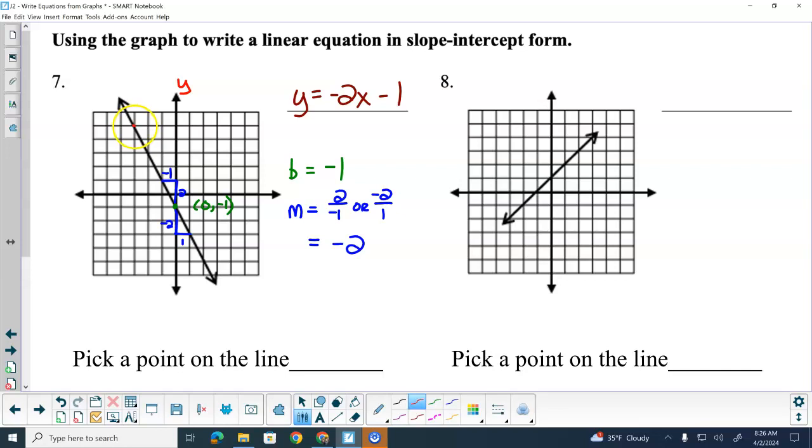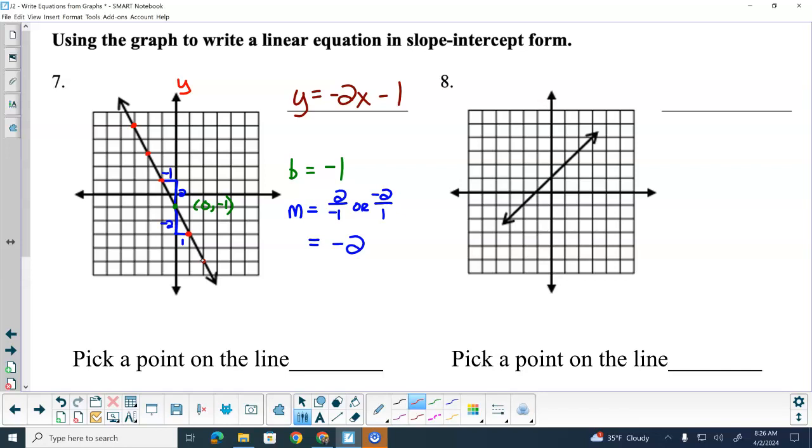Here, I'll put them in red. That one, that one, that one, that one, or that one. Those are your choices. Those are all points on the line. Give me one of them. I need a point, so I need an x, comma, a y.